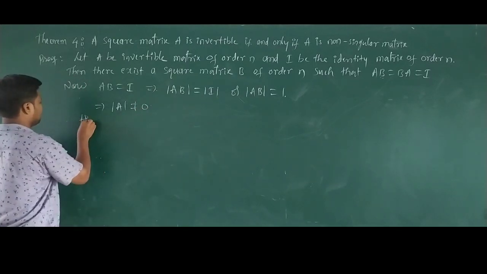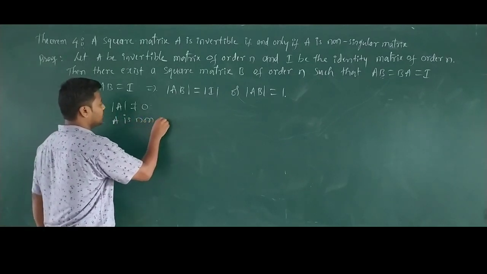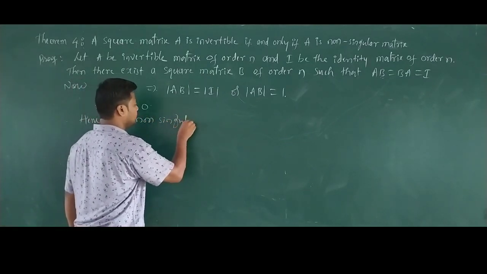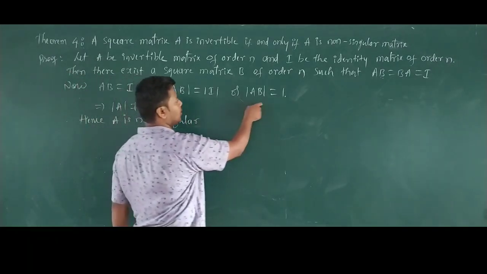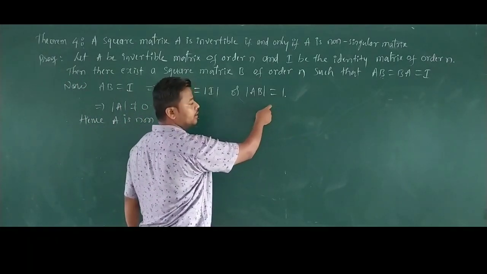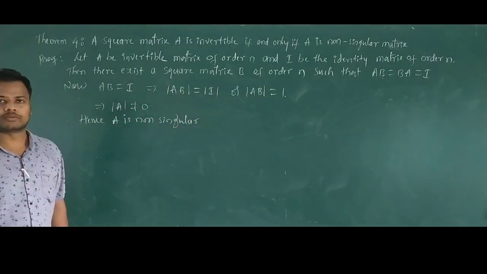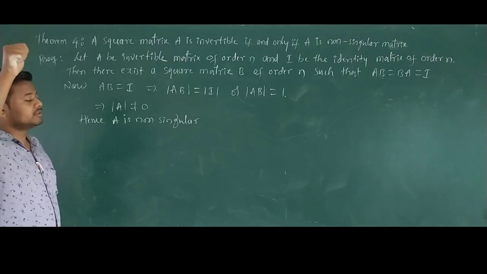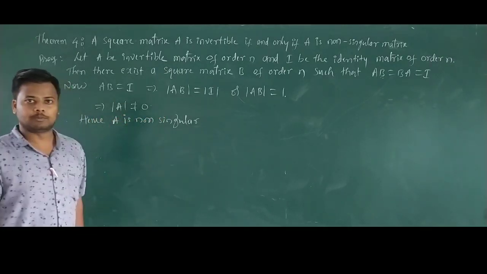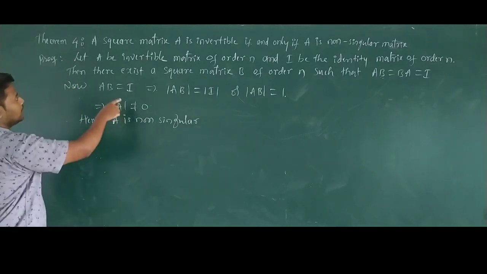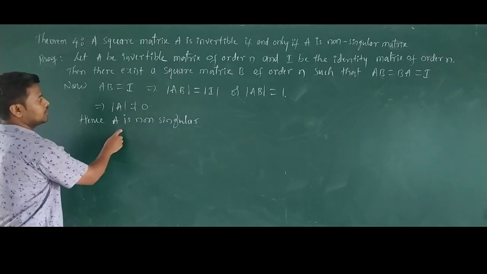Hence A is non-singular. Since determinant of AB equals 1, A is non-singular and B is also non-singular, as stated in theorem 3. So if the inverse of A exists, it is understood that A is non-singular.